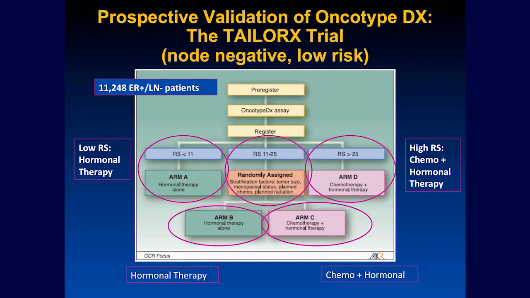If patients have a low risk of cancer coming back, that's a recurrence score of less than 11, they just get hormonal therapy. If they have a high risk of recurrence, they get chemotherapy plus hormonal therapy. If they have an intermediate risk of recurrence, that's where we really do not know whether chemotherapy is helpful or not. That's where those patients are randomized to getting just hormonal therapy or getting hormonal therapy and chemotherapy.